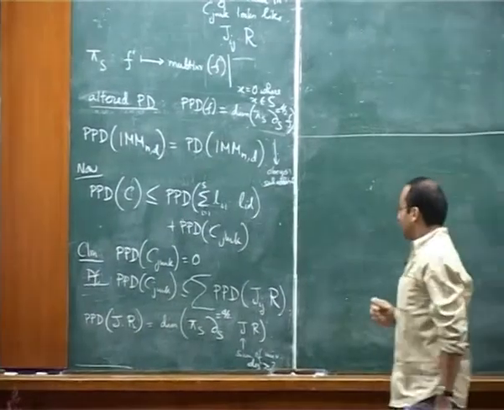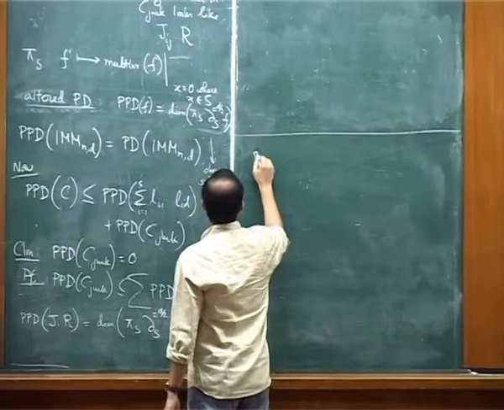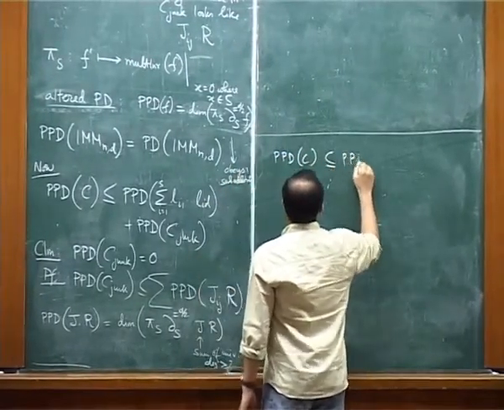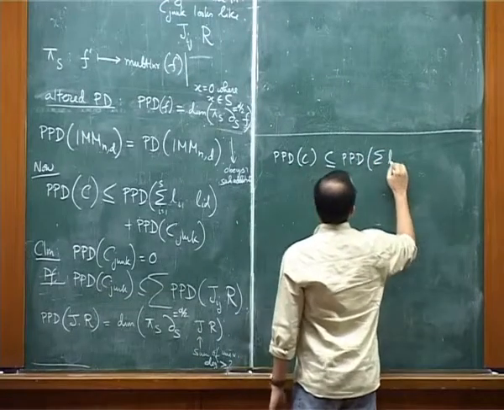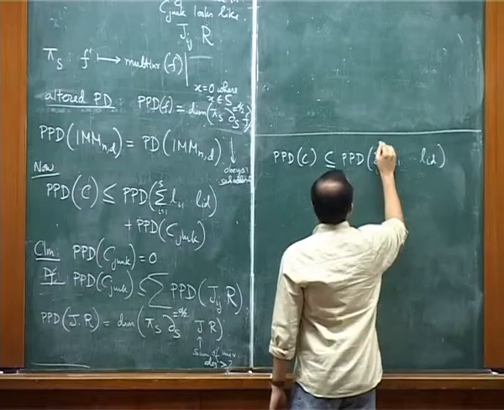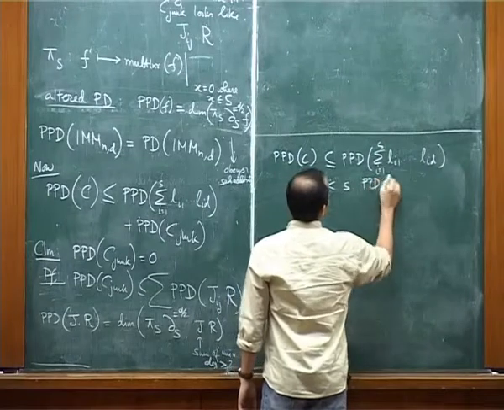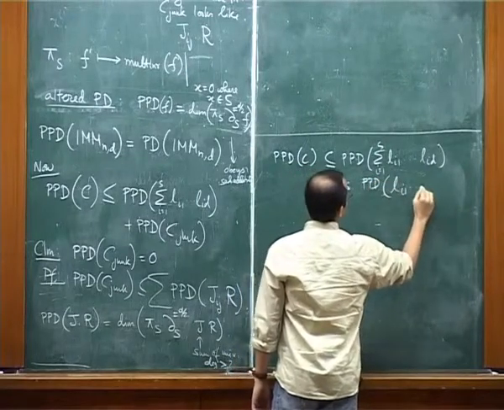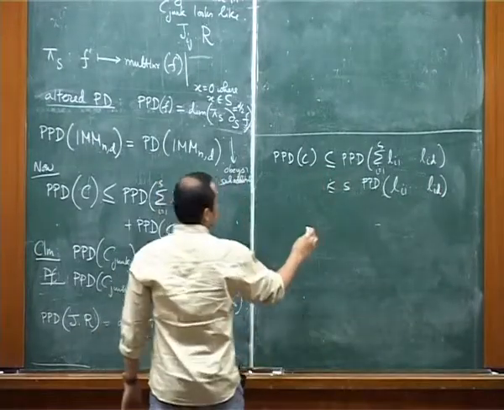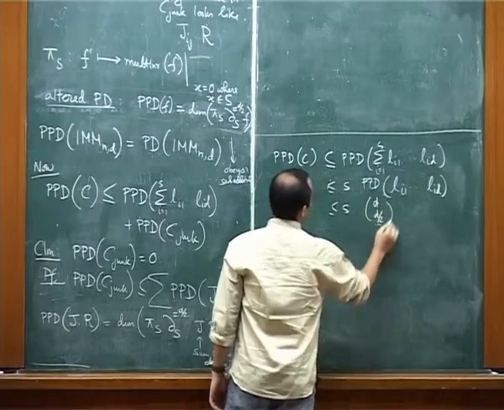Right. So now you see that PPD of C can be bounded by just this, which by subadditivity I know is that of just one polynomial. And for this, it's easy to see that it is always d by 2, the same as before.